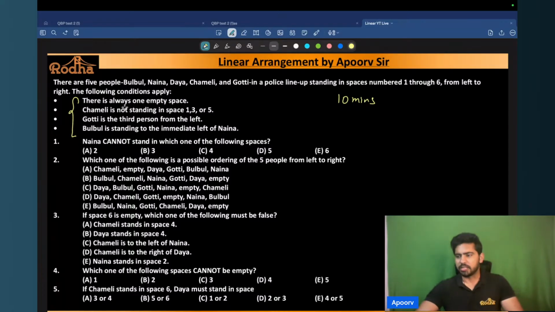Tanish, you'll have to pace up, my friend. You'll have to increase your speed because that is very important. First C is what Ashwani is saying, right? And some people are saying C, some of you are saying D, some of you are saying B as well. Okay, we'll see which is the right answer.